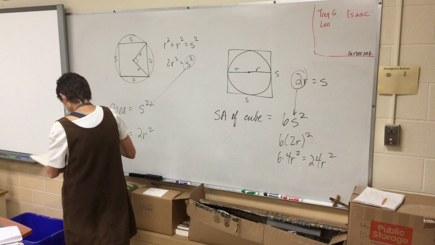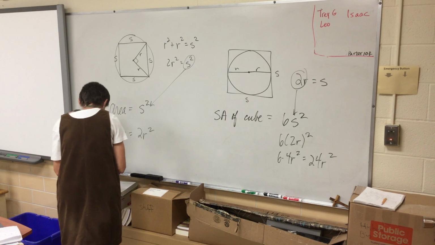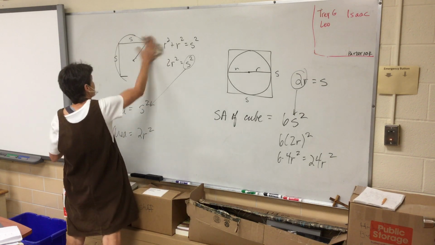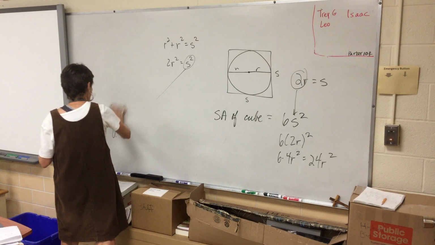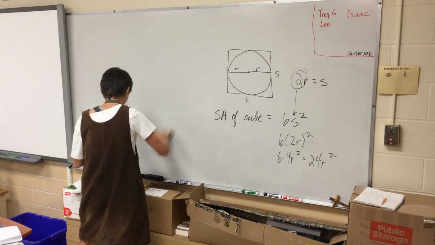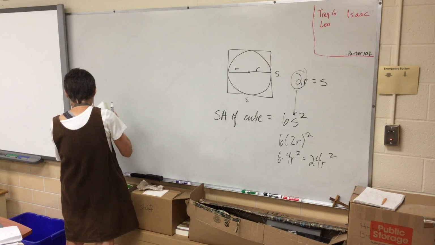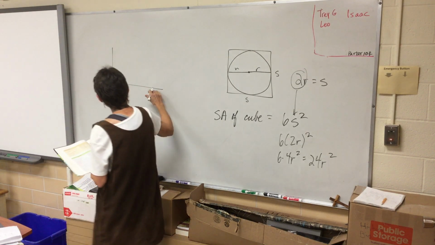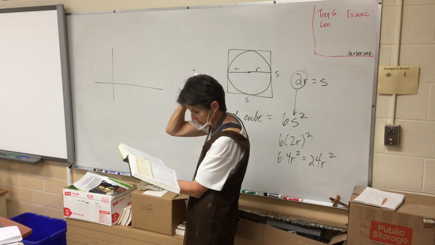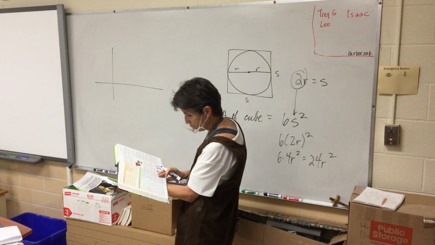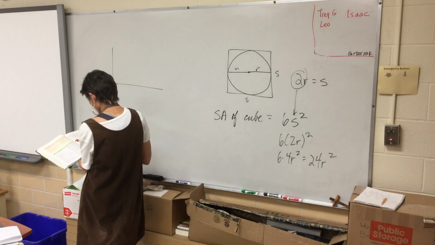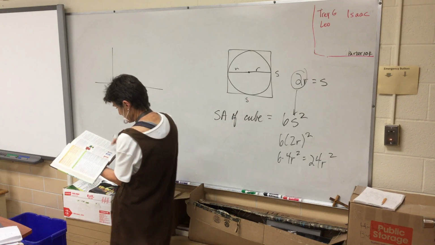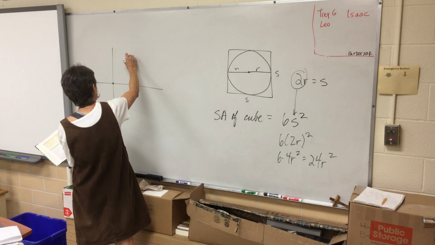All right, one more of those, and then we're going to do some other stuff. One more. Number 20. An isosceles triangle has its base along the x-axis with one base vertex at the origin and its vertex in the first quadrant.